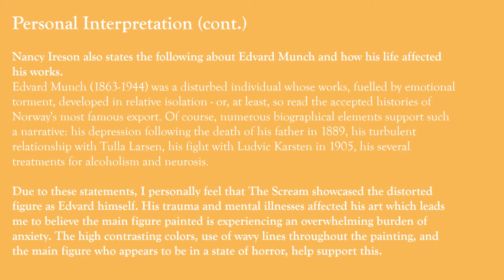Of course, numerous biographical elements support such a narrative. His depression following the death of his father in 1889, his turbulent relationship with Tulla Larsen, his fight with Ludvig Karsten in 1905, and his several treatments for alcoholism and neurosis.